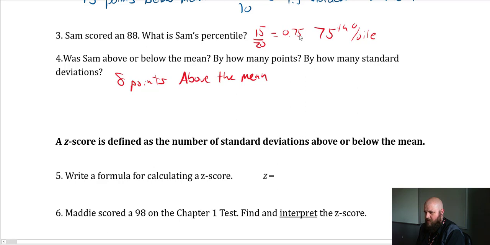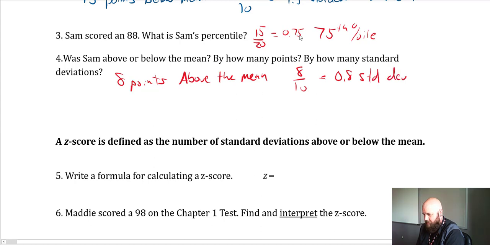Okay, and how many standard deviations? Well, 8 divided by 10, so it was 0.8 standard deviations above the mean. So that makes sense a little bit now.